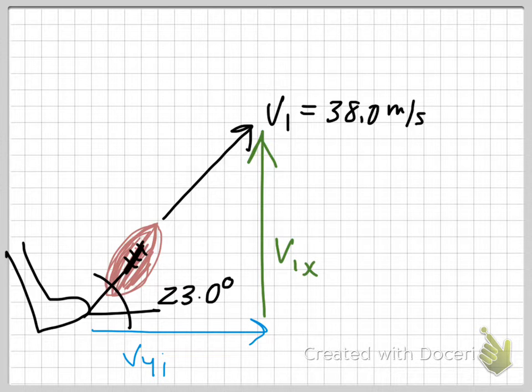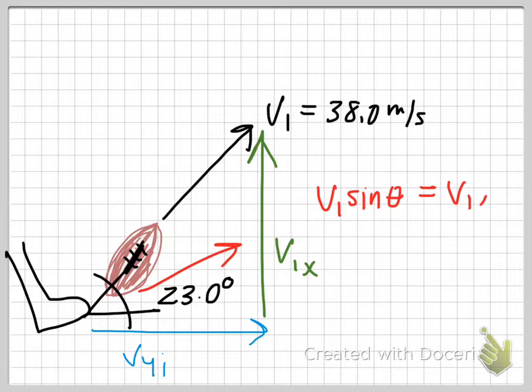So what we'll start to do is list the expressions that we create for VIX and VIY. So in this case, of course, VIX is opposite, so VI sine theta equals VIX.